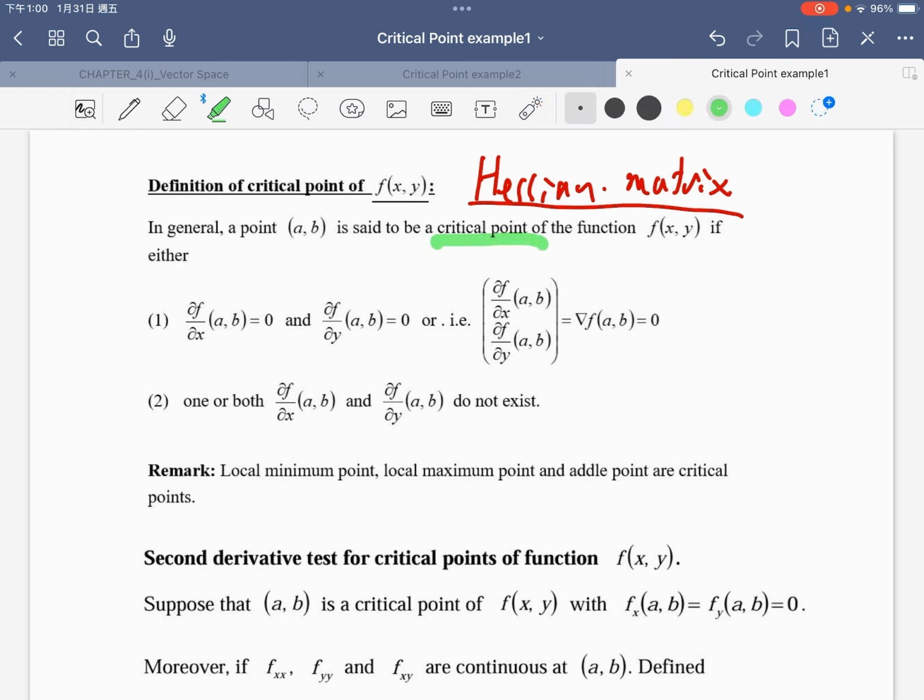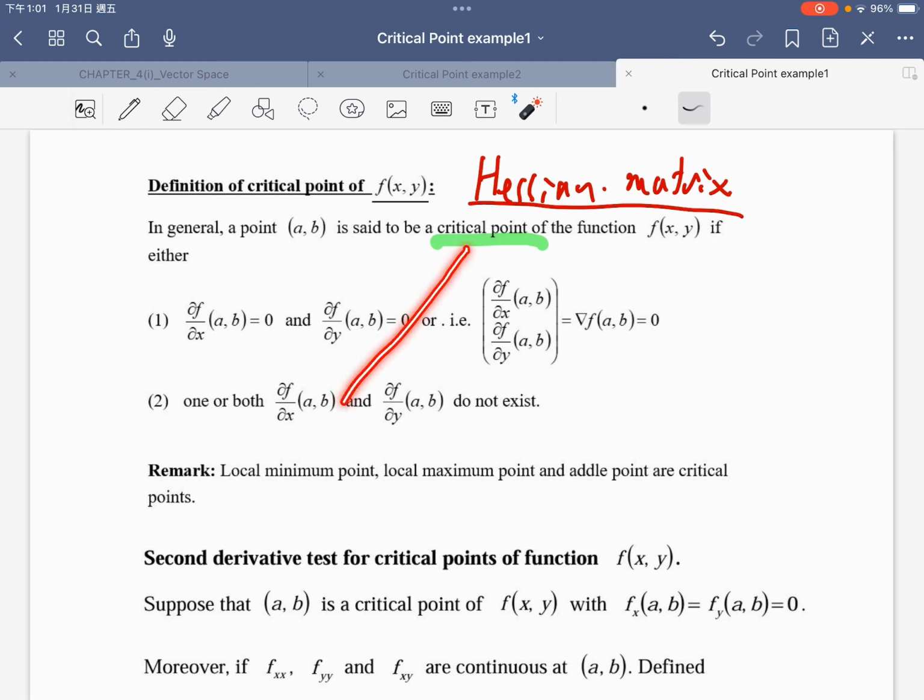Moreover, if at a point either one or both of the partial derivatives ∂f/∂x or ∂f/∂y do not exist, then this point is also called a critical point.